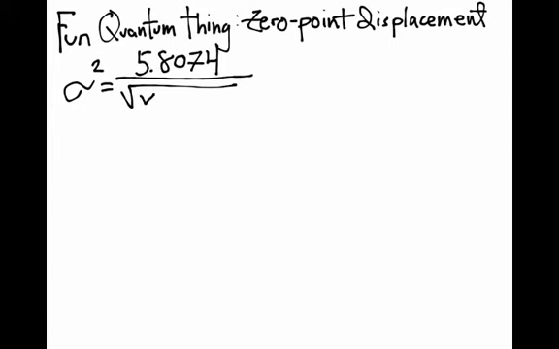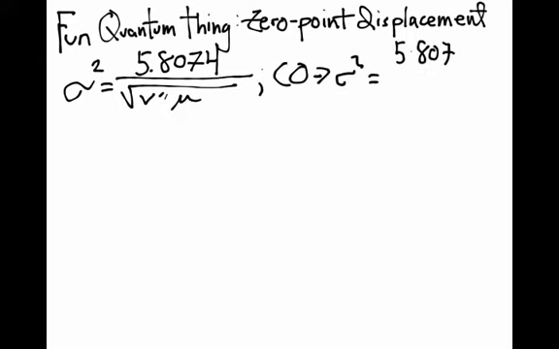Remember that the sigma squared, the characteristic width squared of the Gaussian, is given by our favorite constant, 5.8074, divided by the square root of the second derivative of the potential energy times the reduced mass. Slightly different formula, because now we're looking for the characteristic width of that normal distribution.